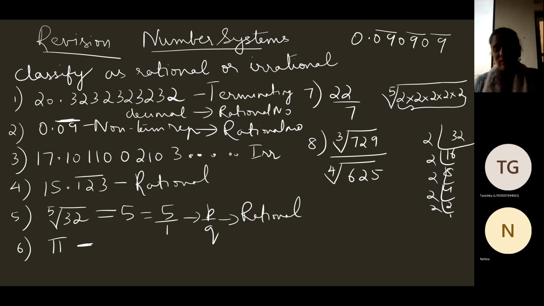So for working purposes, we take it as 22 by 7, but it is not exactly equal to 22 by 7, because it's a non-terminating, non-repeating decimal. It does not have a p by q form at all. But for the sake of calculating, we take it as 22 by 7 or 3.14.